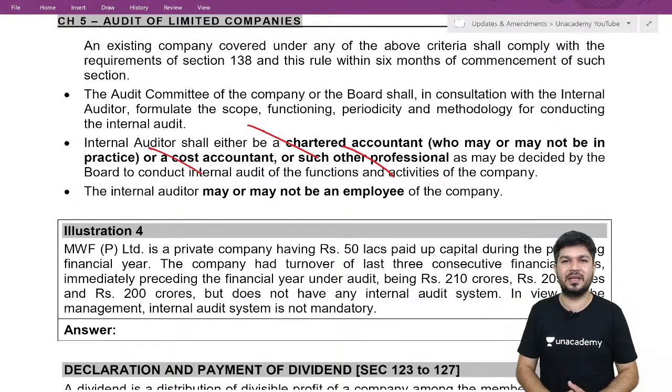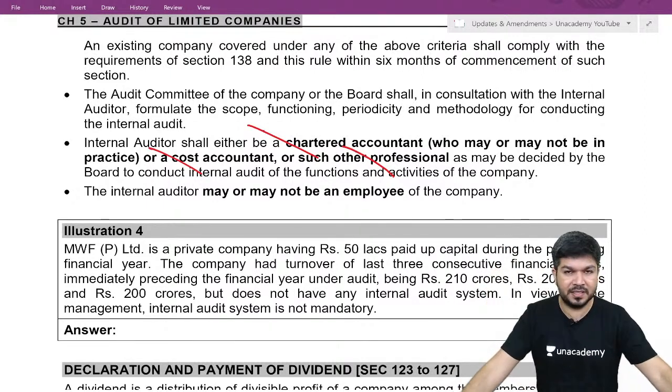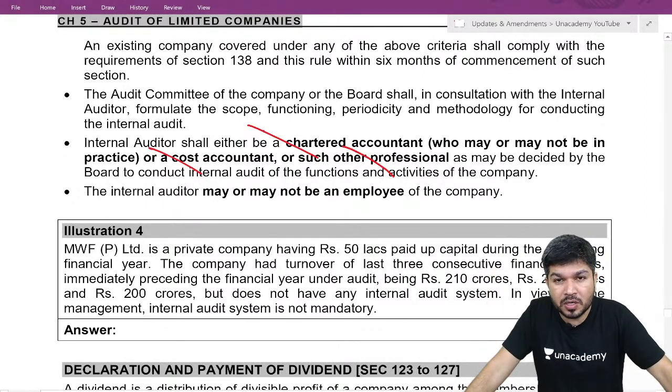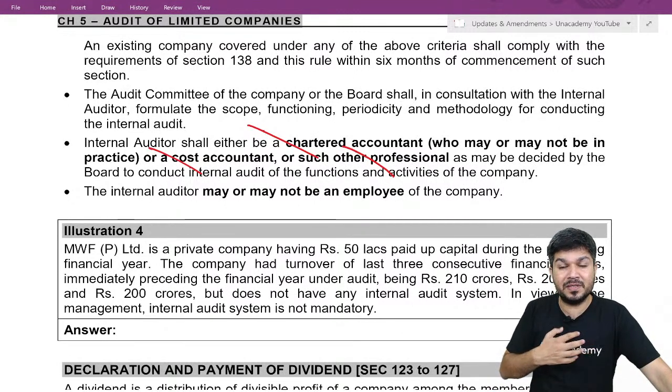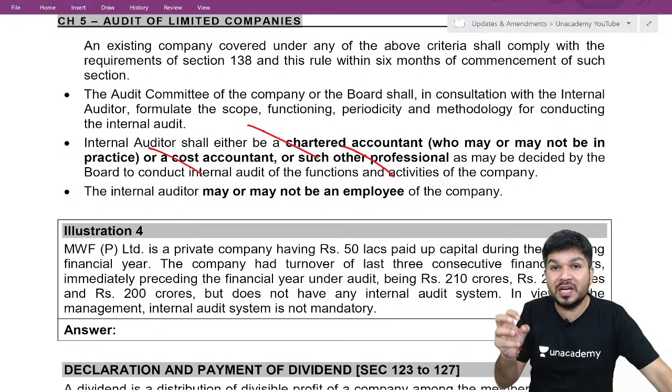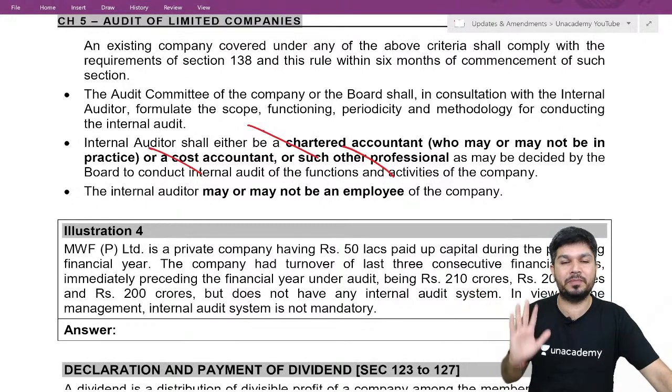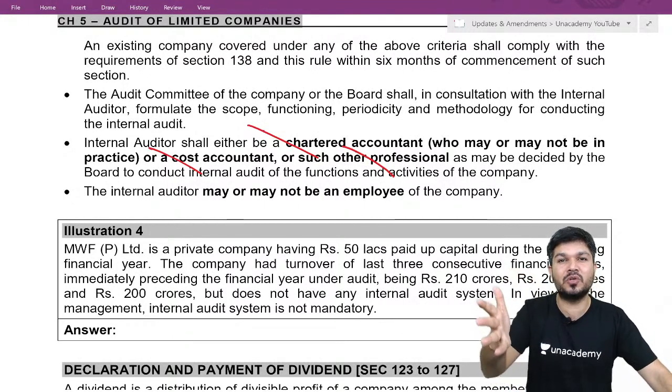But if I go to the Chartered Accountants Act, if you want to be an internal auditor also, you need to hold COP. Because the Chartered Accountants Act says a person who is not holding COP cannot do the work which is generally done by a chartered accountant holding COP.